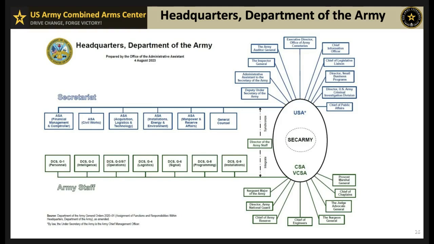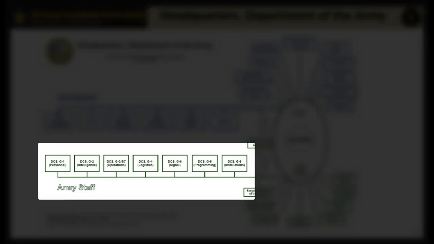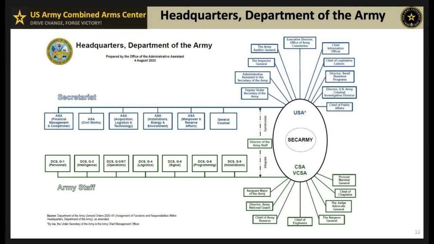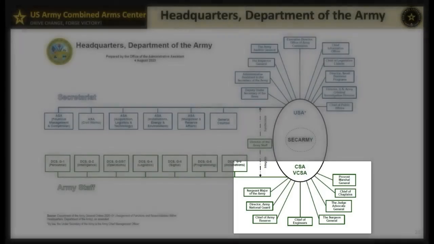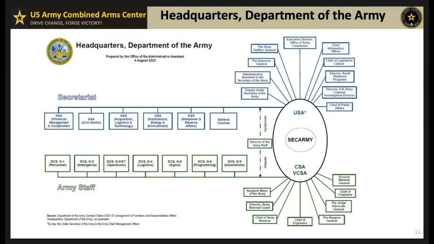The Army staff, led by the Chief of Staff and the Vice Chief of Staff, includes Deputy Chiefs of Staff for personnel, intelligence, operations, logistics, signal, programming, and installations. Key roles like the Director of the Army Staff, Sergeant Major of the Army, Chief of Army Reserve, and Chief of Engineers ensure comprehensive management and coordination. This structure facilitates effective oversight, policy implementation, and operational readiness across the Army.